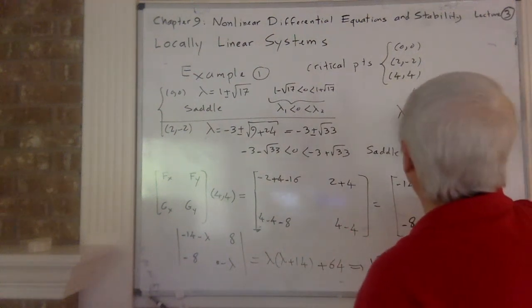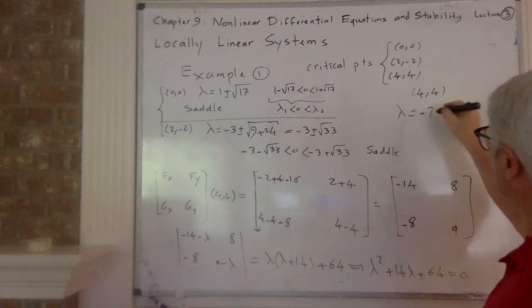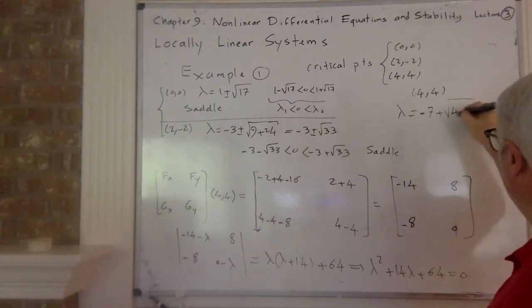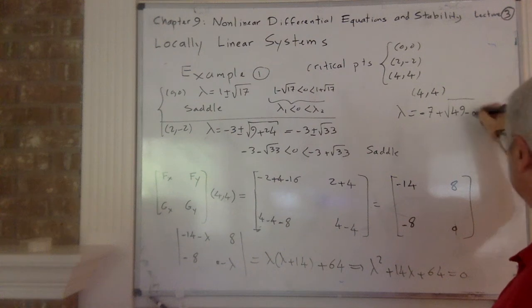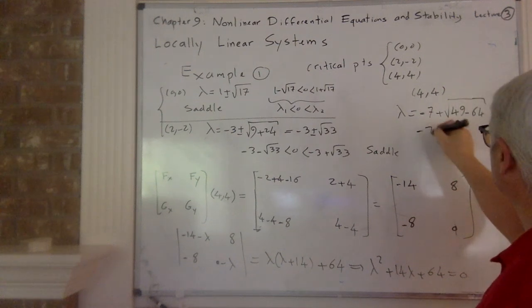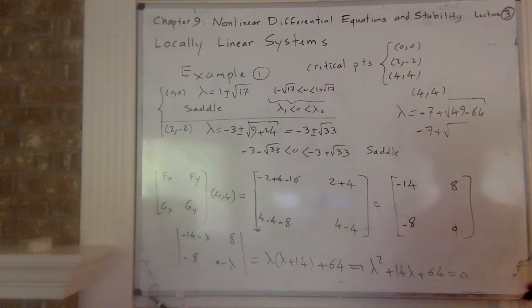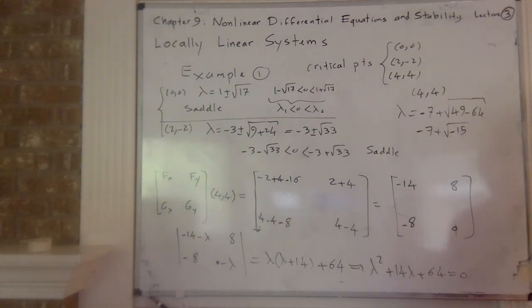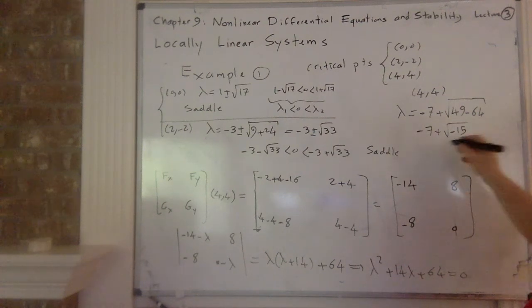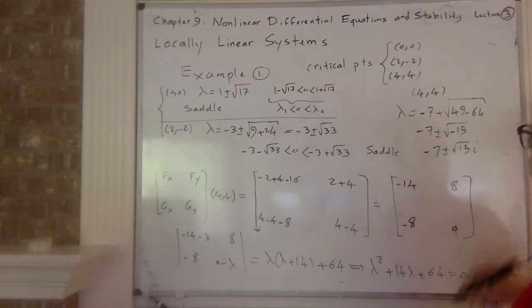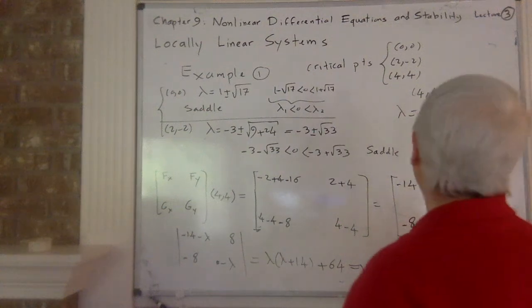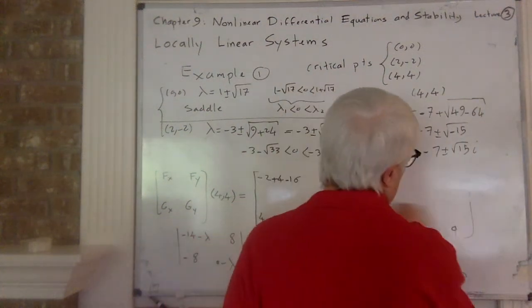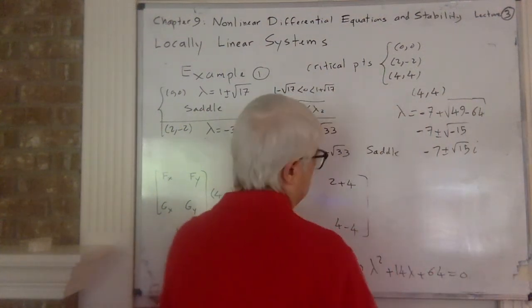Lambda is minus 7 plus minus square root of 49 minus 64. So minus 7 plus minus square root of minus 15, right? So it's minus 7 plus minus square root of 15 i. Complex, complex with negative real part. This is a negative number.